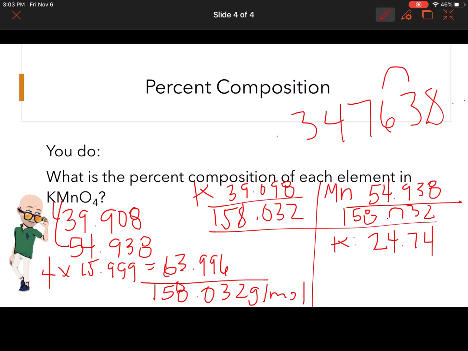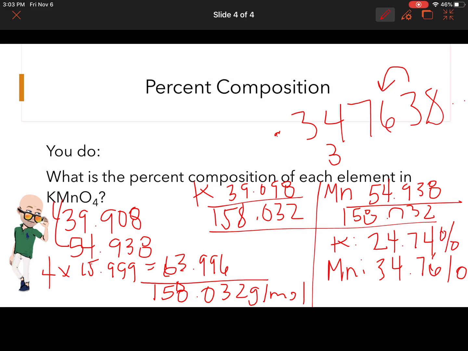So does this 3 round the 6? No. Multiply 0.3476 and so on times 100, and I get 34.76% manganese.